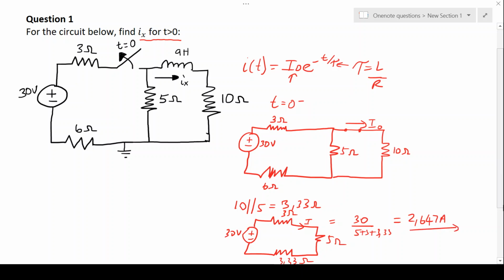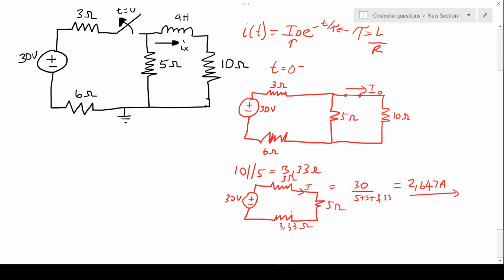Now we can then determine the current Ix. So Ix must give us 5 over 5 plus 10 multiplied by 2.647 amps. That's current division.